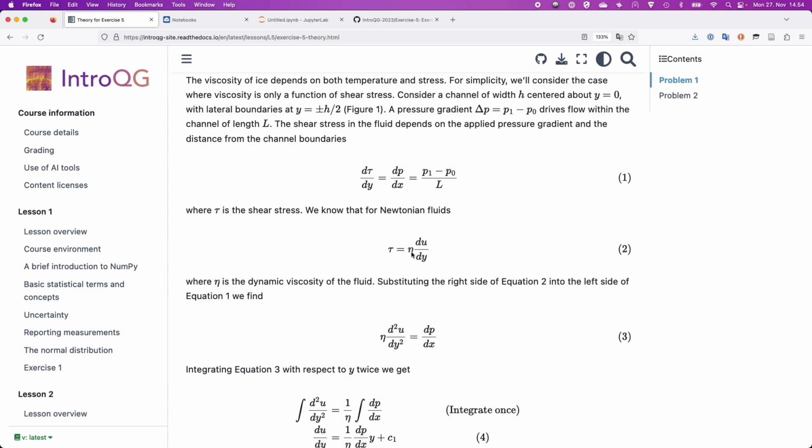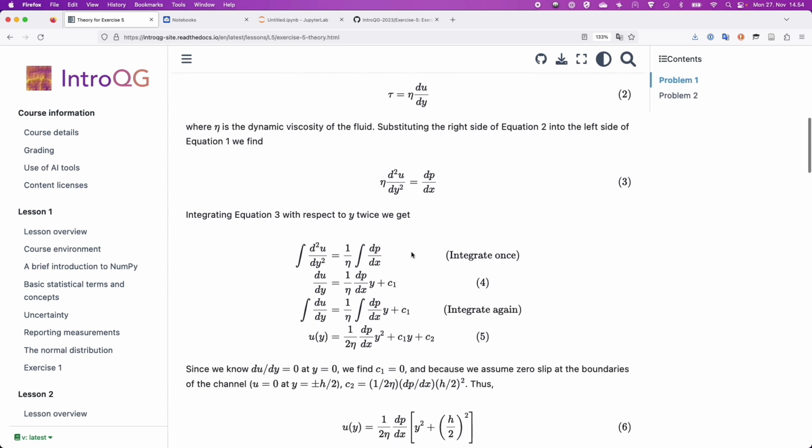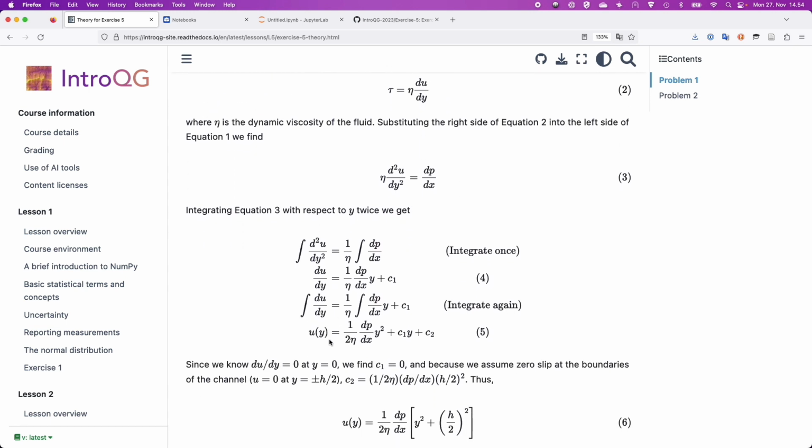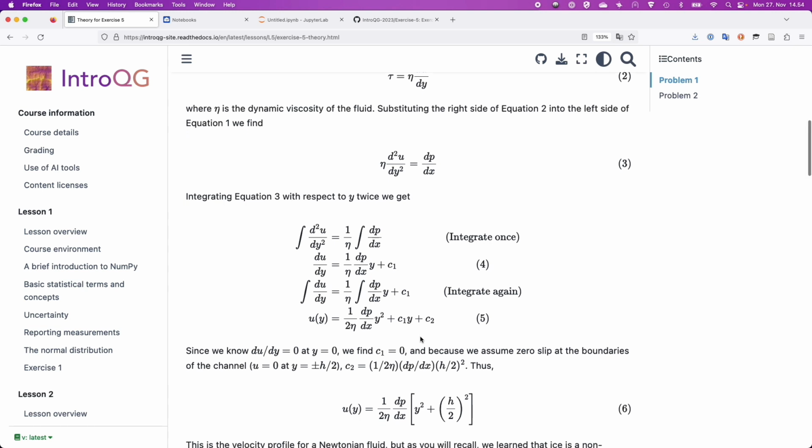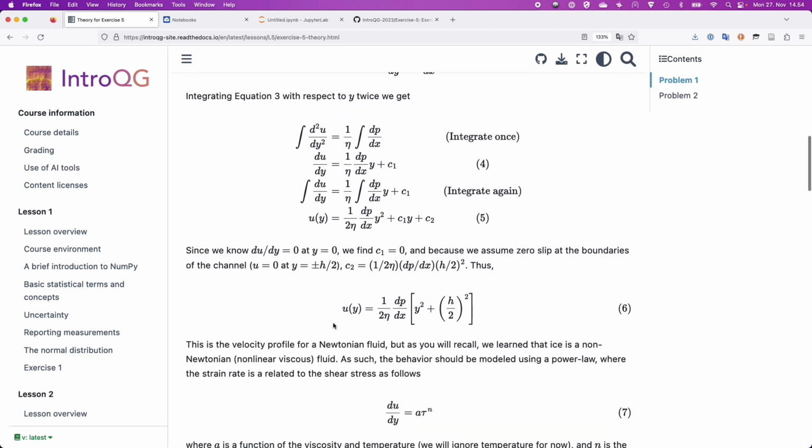You can then go forward from there to come up with an equation for the velocity of the fluid by integrating a couple times. Then you've got to solve for some constants by making some assumptions about the boundary conditions, but ultimately you come up with a relationship that gives you the velocity of the fluid within the channel as a function of the pressure gradient, what position you're in, and the viscosity.